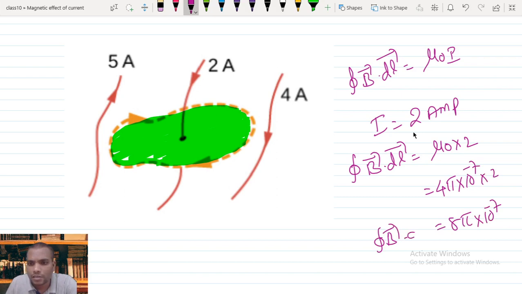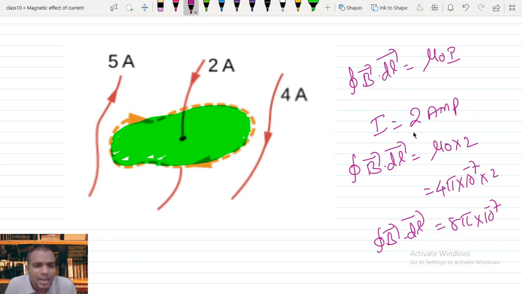After this we can find the closed integral over the area of this loop. Suppose instead of this loop I consider a circular one, then this value would turn out very easily, because we know the radius of a circle.